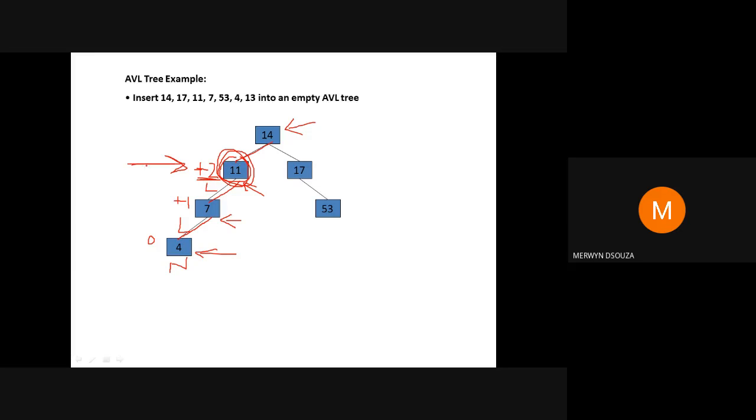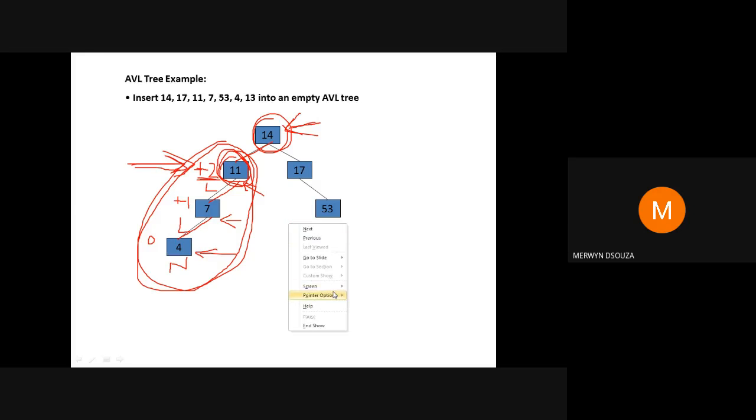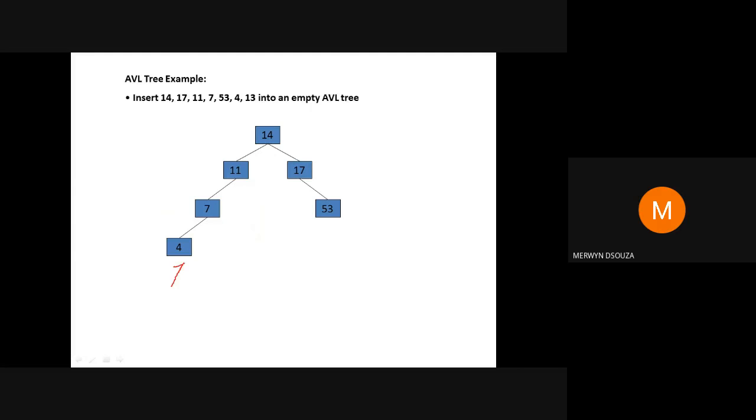So you have to first correct the balance factor here before you check the remaining node that is left, that is 14. You do not check this balance factor till you correct this portion here. I hope you're getting what I just told you. I'll just repeat again. When you inserted this new node here, you calculate the balance factors all the way back up to the root. As you calculate, these balance factors here are proper.